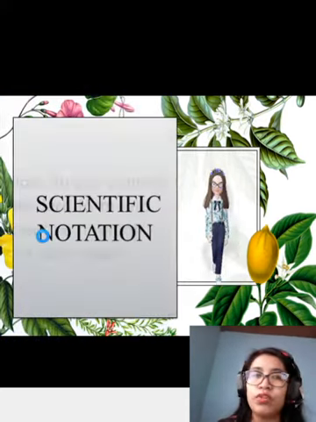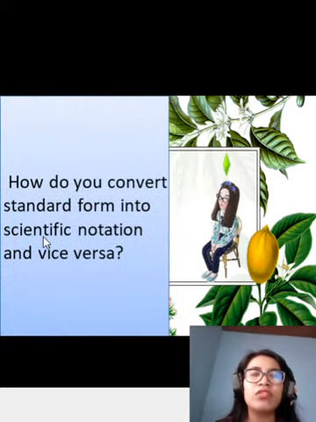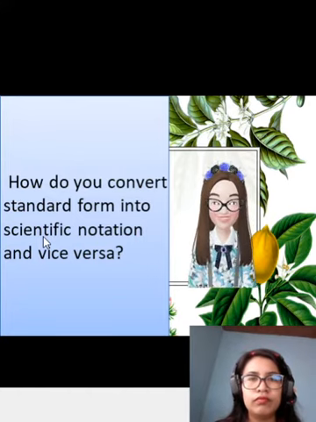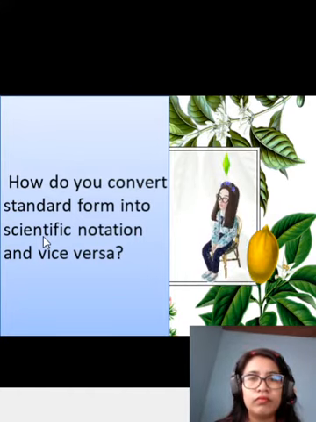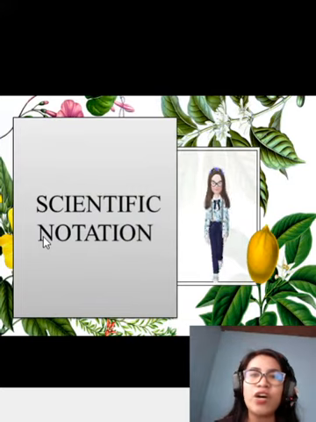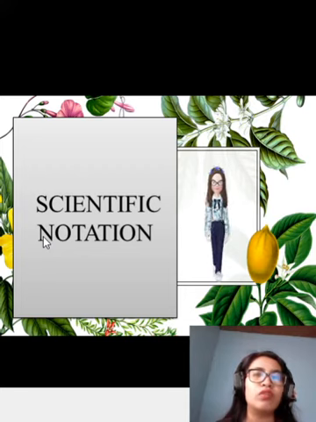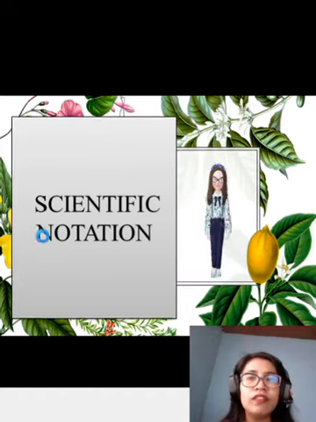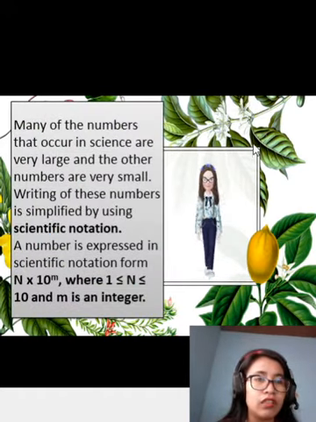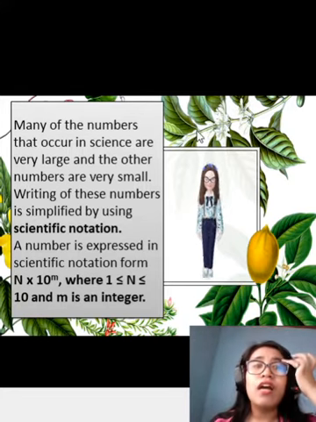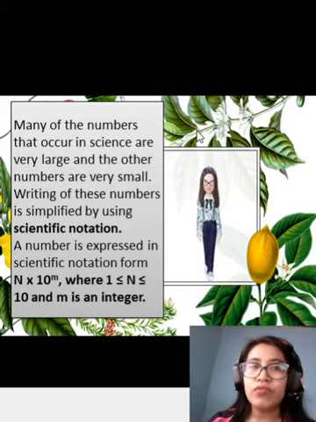Okay, how do you convert standard form into scientific notation and vice versa? Well, let us now define and know the real form of the scientific notation, although you already know by having those examples, and the rules that you can skip because I already said in the example. Many of the numbers that occur in science are very large and the other numbers are very small.